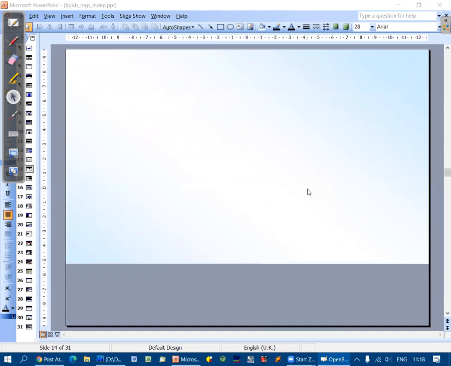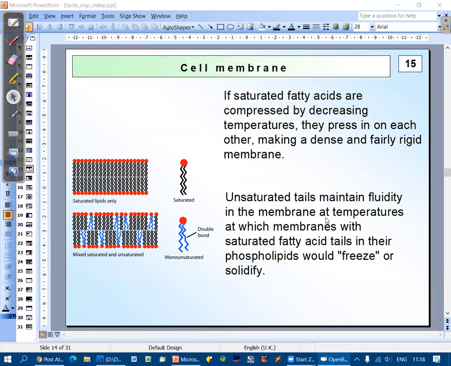And it's important for living organisms because the higher the amount of unsaturated fatty acids in cell membranes, the lower will be their melting point.